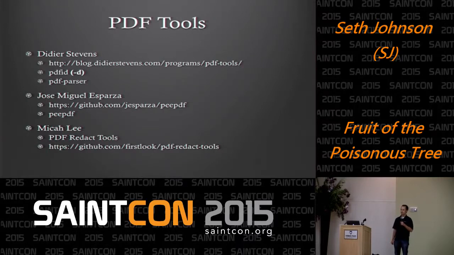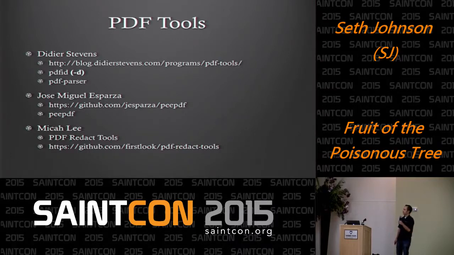If you run it on a lot of PDF documents, you'll start to recognize patterns. You'll recognize when certain things are applied together, they're far more likely to be dangerous than when they're apart. For example, if you have JavaScript and an open action together, those are likely to be some sort of malware.